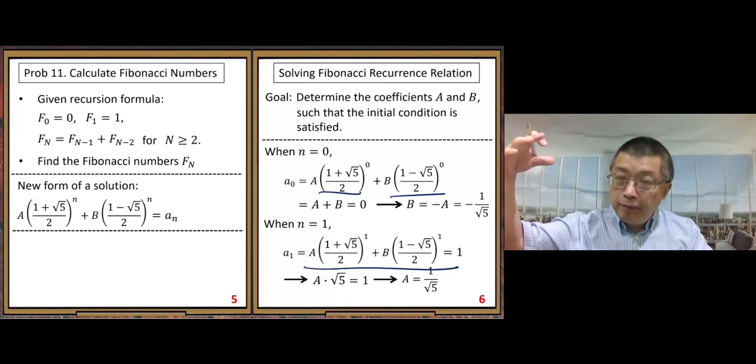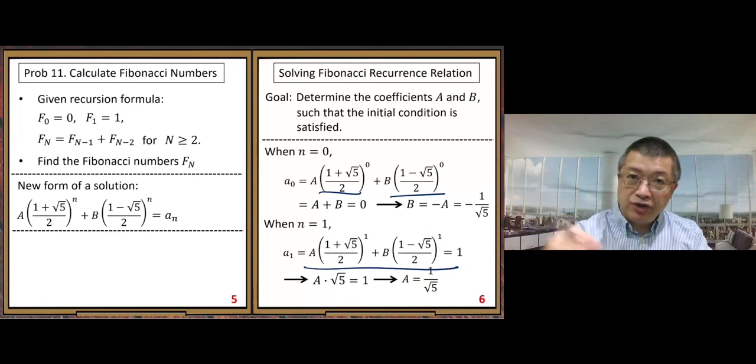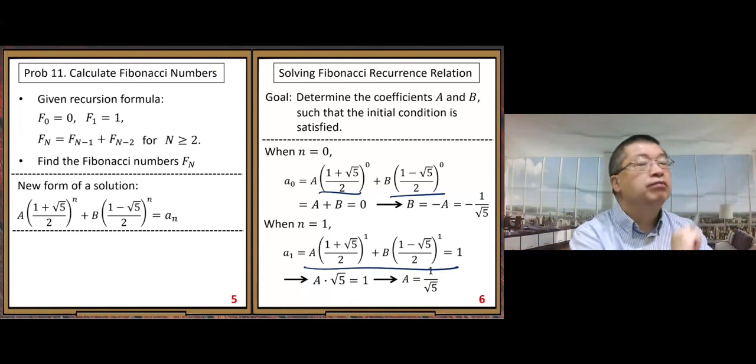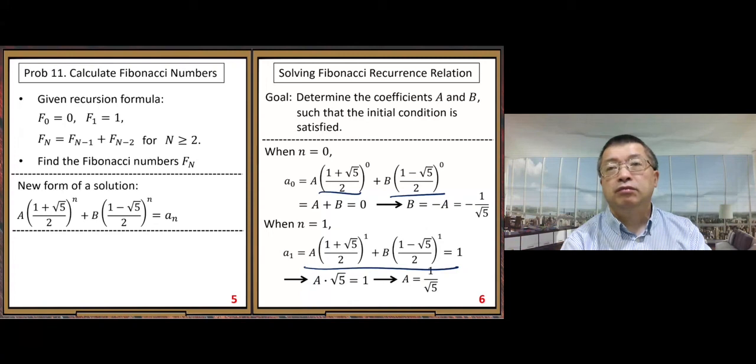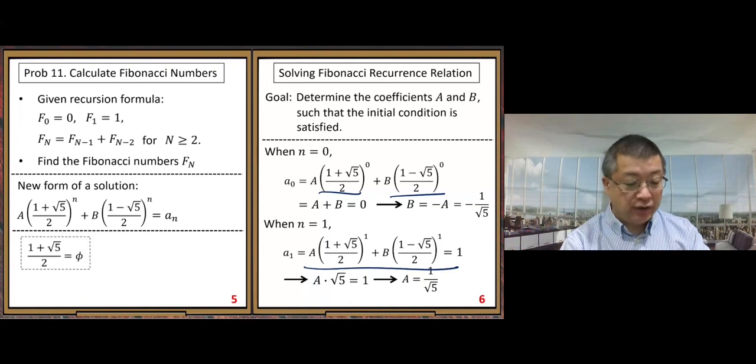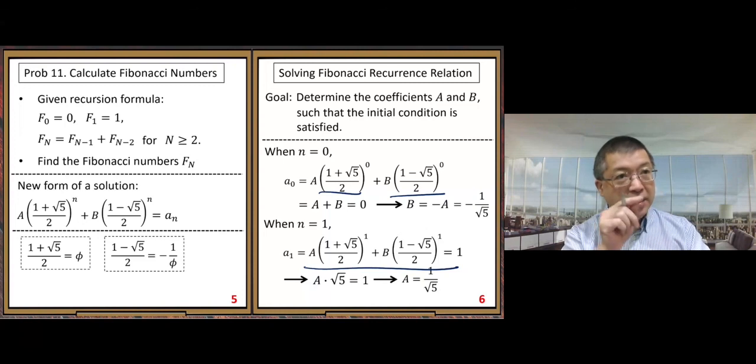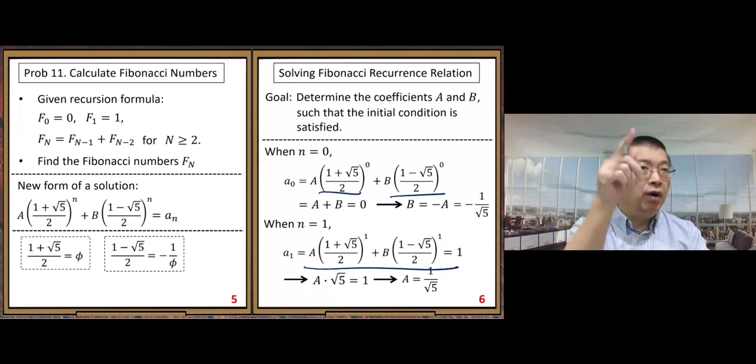We plug these two coefficients back into our general formula. Here we replace 1 plus root 5 over 2 by our golden ratio phi, and 1 minus root 5 over 2 can be represented as negative 1 over phi.